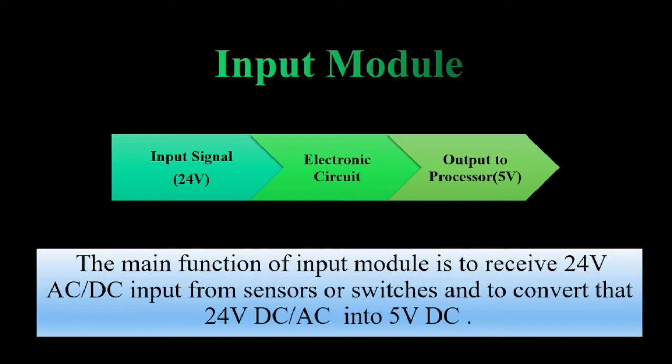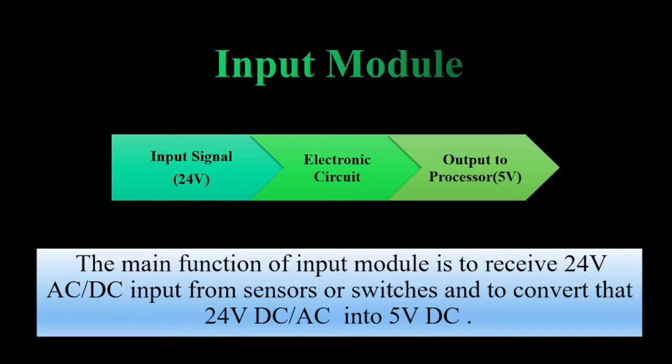The main purpose of this conversion is that the processor works only with 5-volt DC. For this reason we need to convert the 24-volt AC or DC to 5-volt DC.